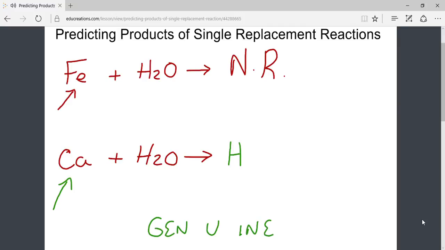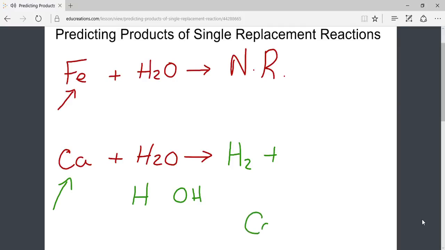The elements ending in gen or ine tend to form what we know as diatomic molecules and must be written as such. The water ionizes, turning into the H and OH ions. H creates what we know as the hydrogen, or the H2, and the OH ion, or hydroxide ion, combines with the calcium ion.